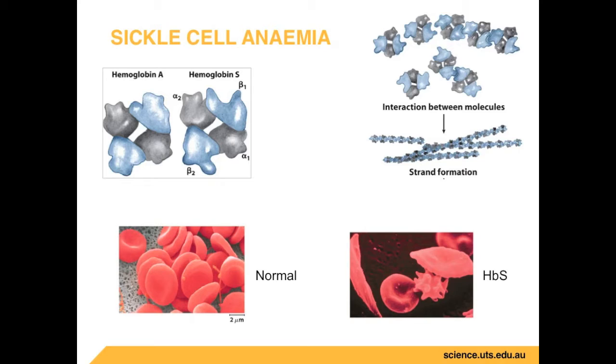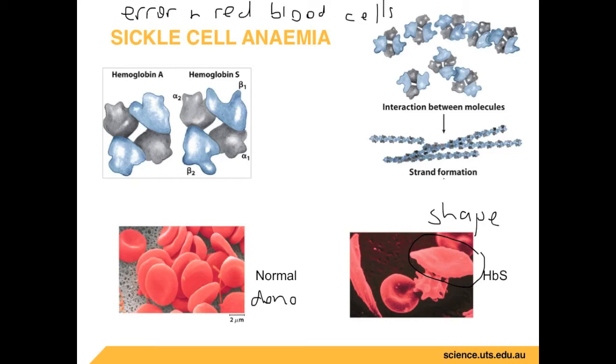Our first example is sickle cell anemia. And anemia is an error in red blood cells. And sickle refers to the shape of the red blood cell. A normal red blood cell is a donut shape.